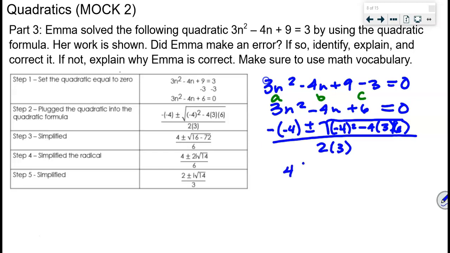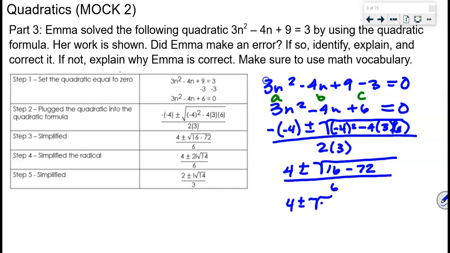So it's going to give me 4 plus or minus the square root of 16 minus 72 all over 6. Then we got 4 plus or minus, that's going to be negative, isn't it, y'all? Yeah. The square root of negative 56 over 6.